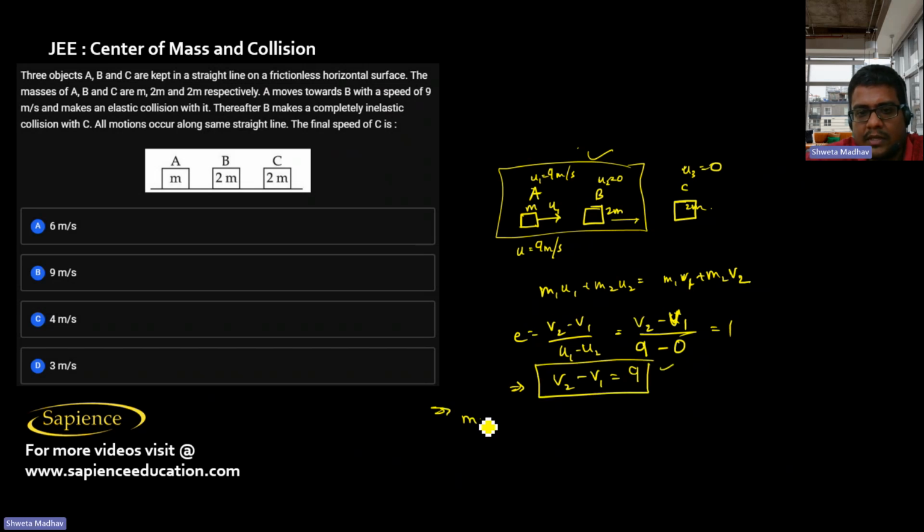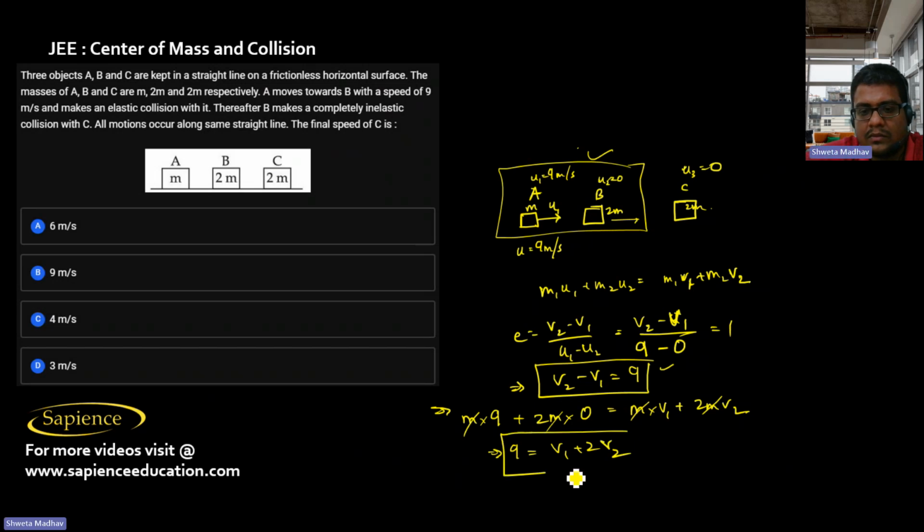Now M1 is M into U1, that is 9, plus M2 is 2M, and U2 is 0, that is equal to M into V1 plus 2M into V2. So M can cancel. You can say 9 equal to V1 plus 2V2.